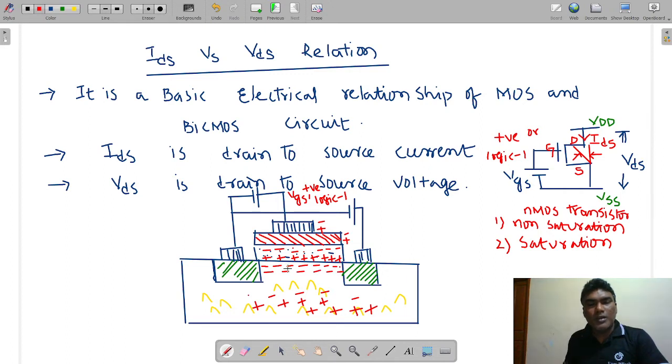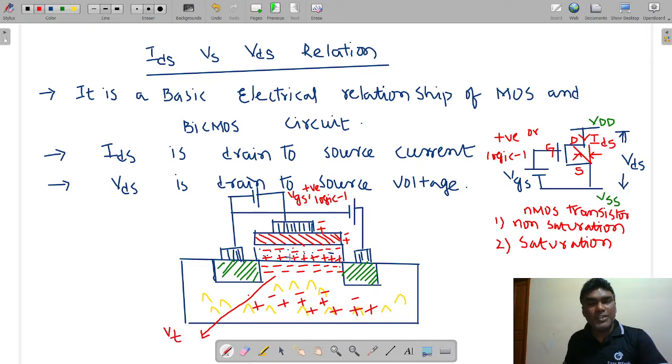So a channel is established. The minimum voltage required is called the threshold voltage, that is VT.